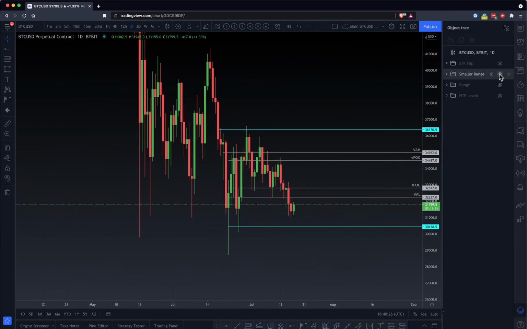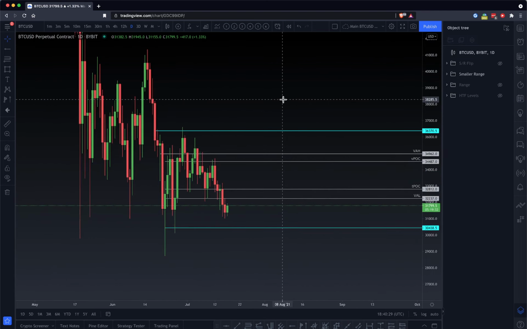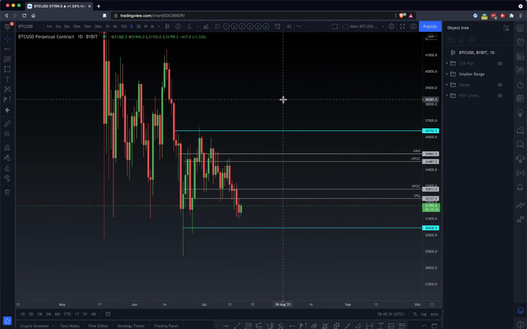Okay, so this is our smaller range with the volume.